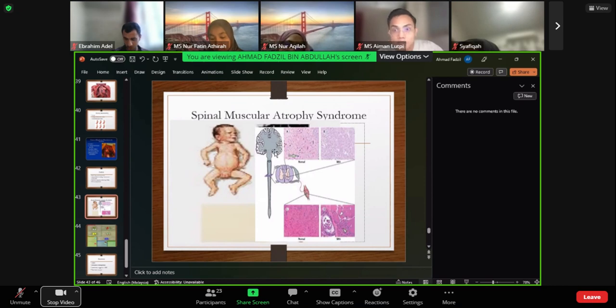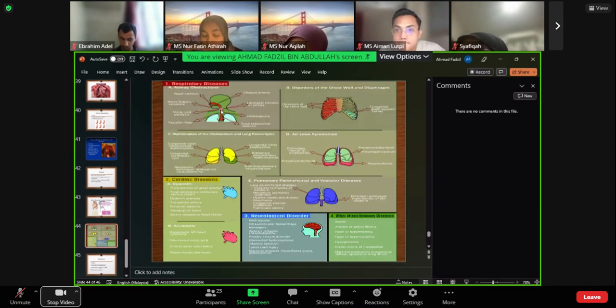For example, spinal muscular atrophy syndrome, where there is an abnormality of the anterior spinal cord, resulting in atrophy of the muscle. There are many groups. So going back: respiratory causes, cardiac causes, neurological causes and other causes. All that can cause respiratory distress.